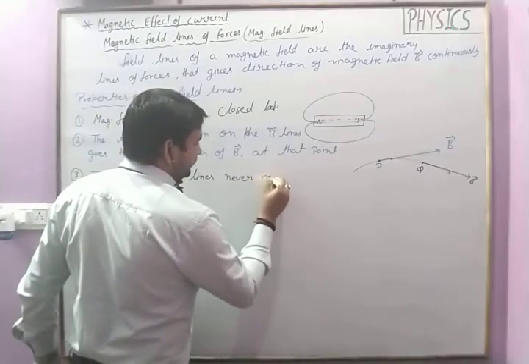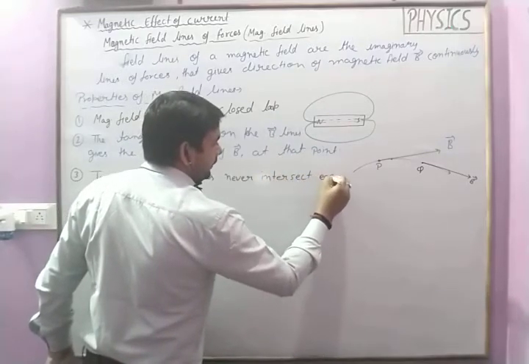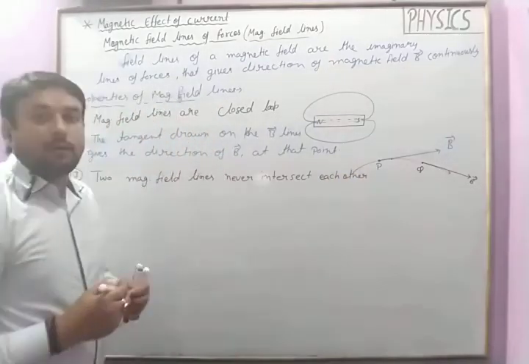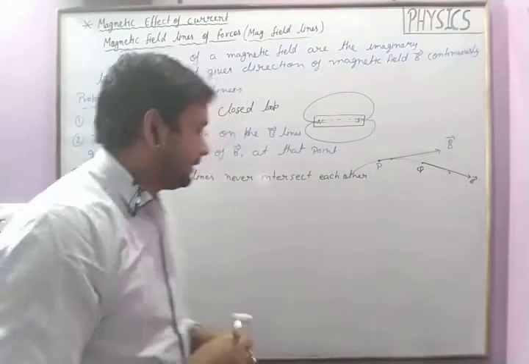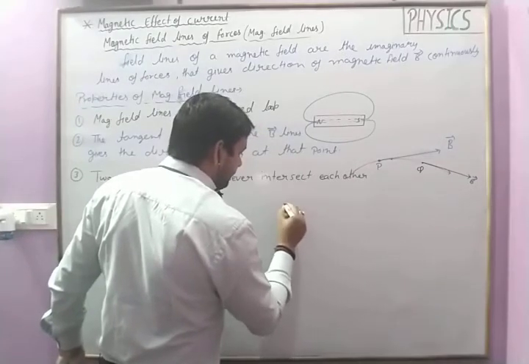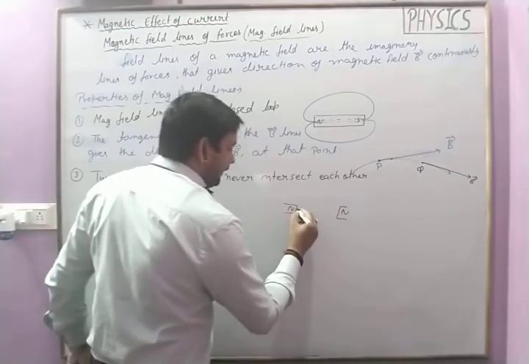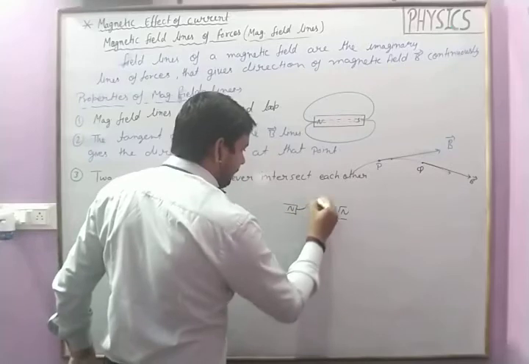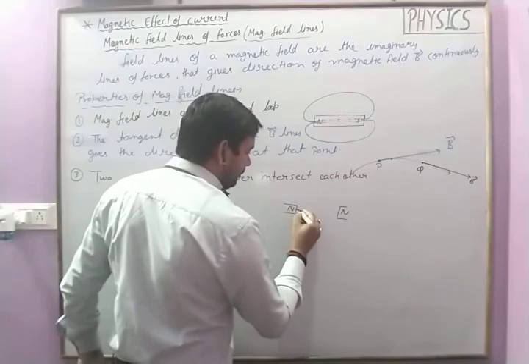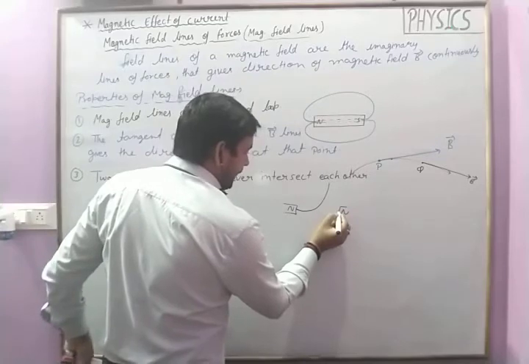If they did, suppose this is a north pole and this is also a north pole, and two magnetic field lines start from each of these.